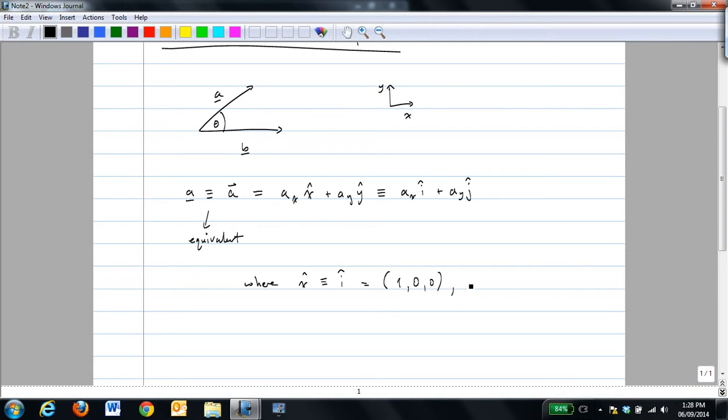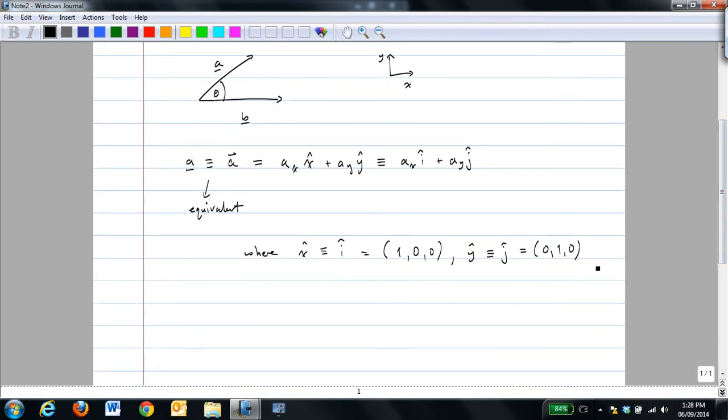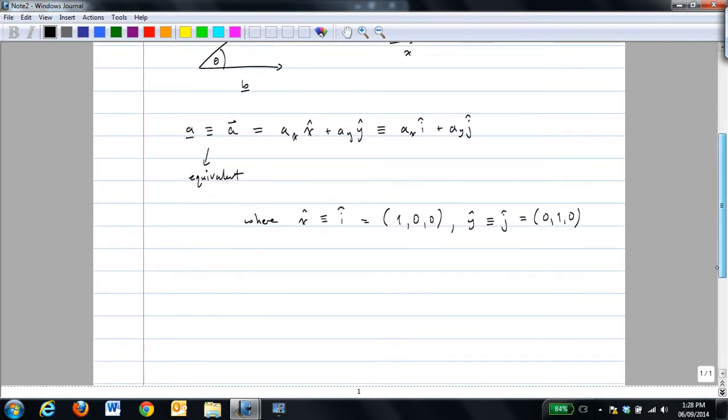I'll go ahead and write down the y as well. This is equivalent to j hat, which equals 0, 1, 0. Again, the magnitude of y hat or j hat is also equal to 1. It just tells you the direction of the vector.